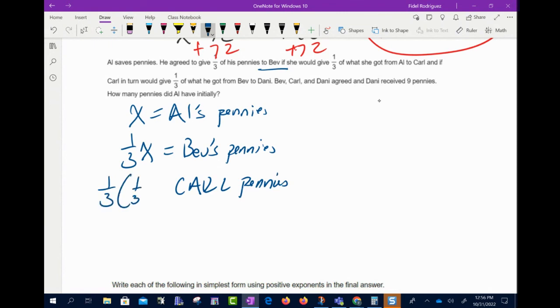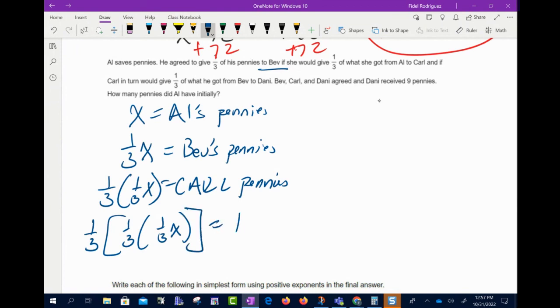Carl's going to get 1/3 of whatever Bev got, okay? And then how much is Danny going to get? Danny's going to get 1/3 of whatever Carl got. So 1/3 of 1/3 of 1/3 X, and that's going to be equal to Danny's pennies.